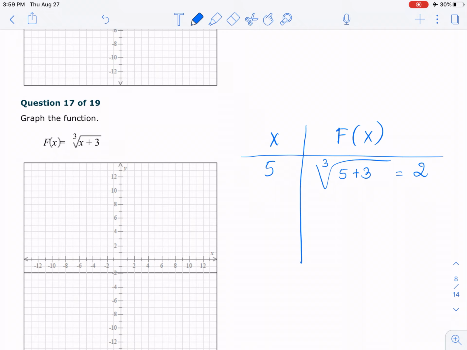Okay, I can try to get 1 because 1 is also a perfect cube. So if I pick negative 2, I'm going to get 1. I can also pick -3 because we can definitely take the cube root of 0.